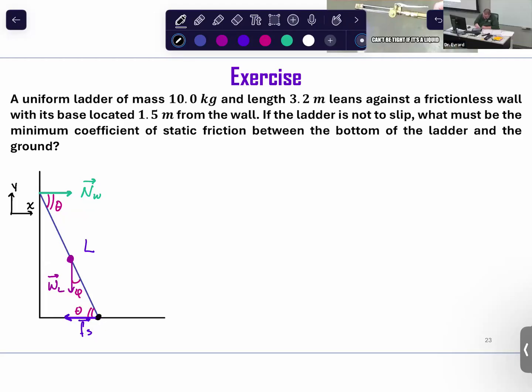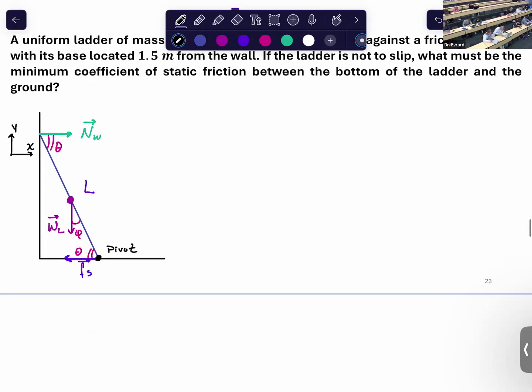Then for our system, we're going to consider a pivot point right down there at the base of the ladder. We have that distance of 1.5 meters from the wall.